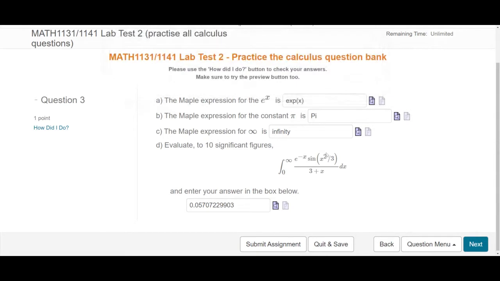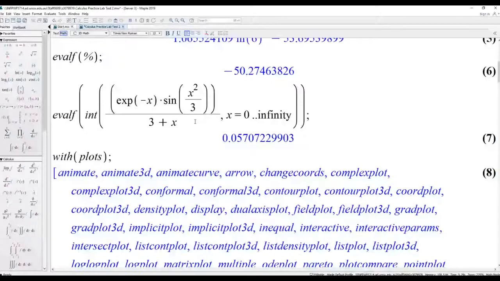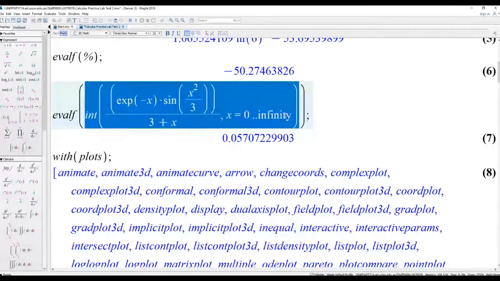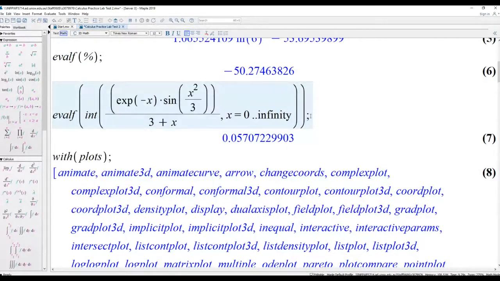Okay, and so the way I did this was put this into Maple, and let me share that with you now. So you can see here, I've just done everything in one step, basically. I mean, you could, if you wanted to, just define the integral and then evaluate it, okay? But I haven't done that.